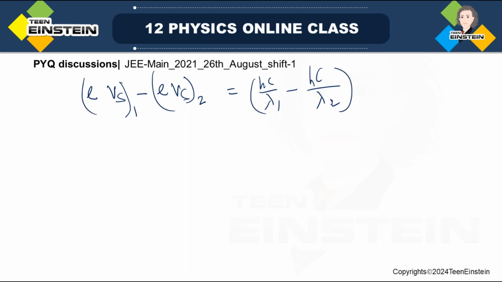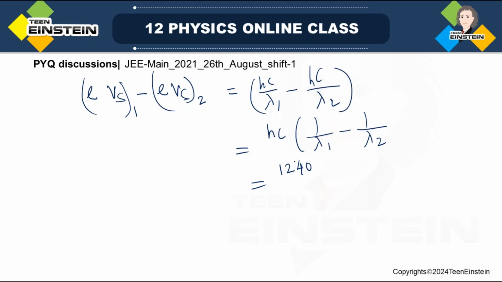So these are the things. Okay, now what is this hc? I can take it common, right? hc times 1 over lambda 1 minus 1 over lambda 2. All right, so this hc I can write as 1240.